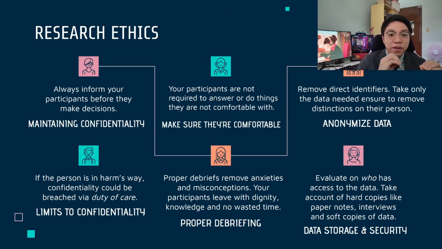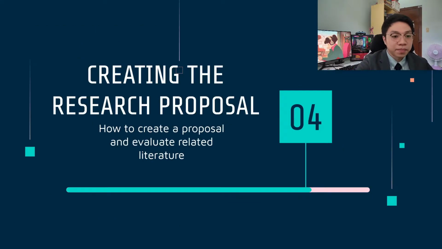We also have to be very careful when we're dealing with quantitative data, because there are times where certain traits that are unique to one person, even if we may remove some data, someone who is smart enough can pinpoint these characteristics and may reveal the identity of this participant.